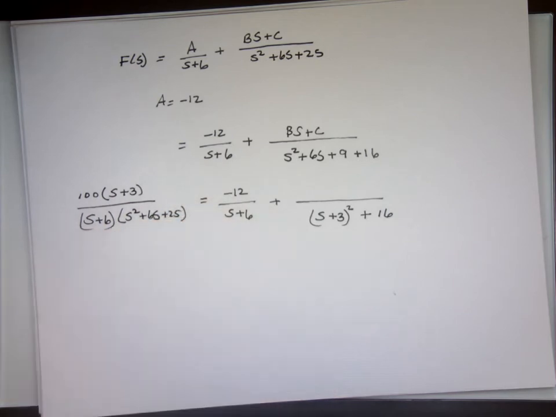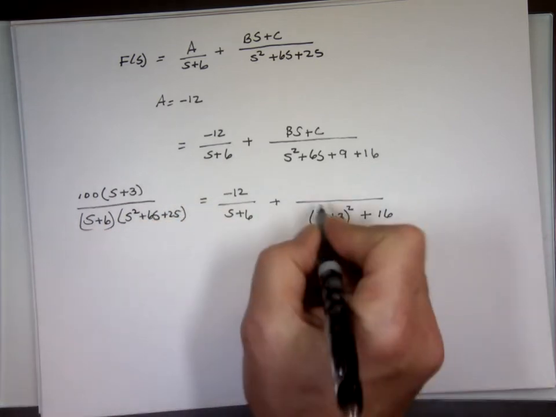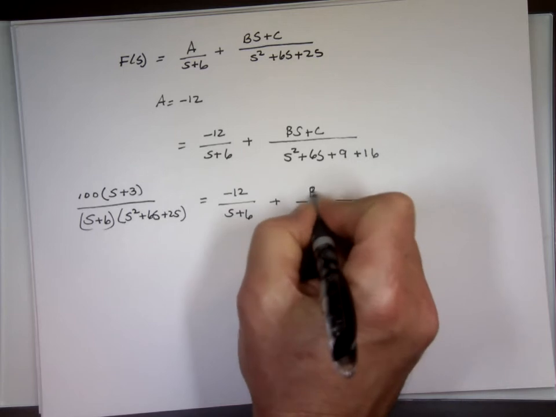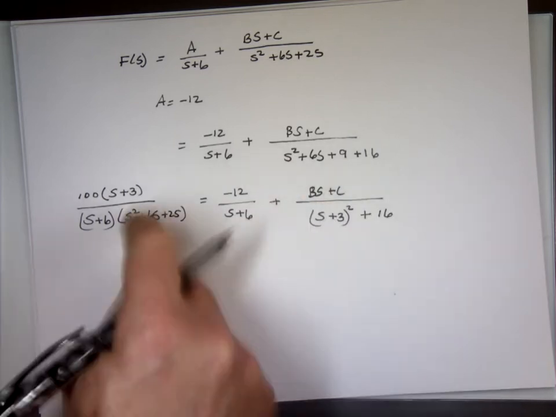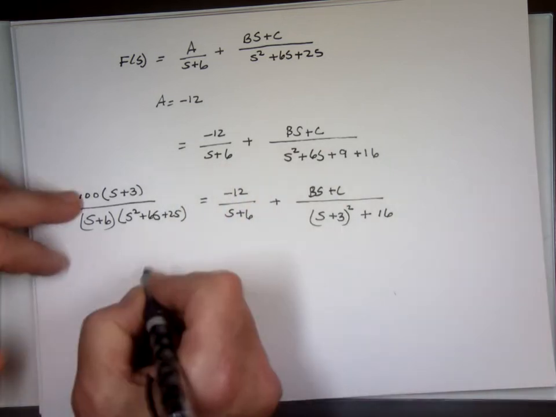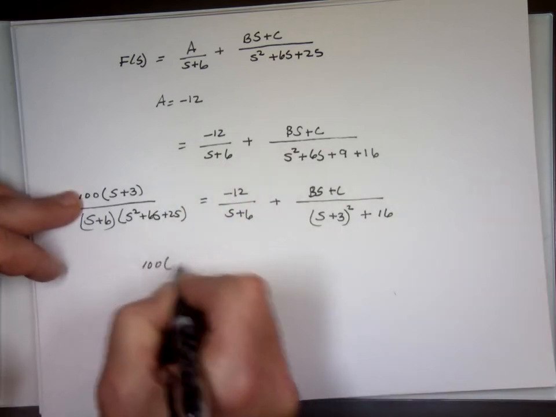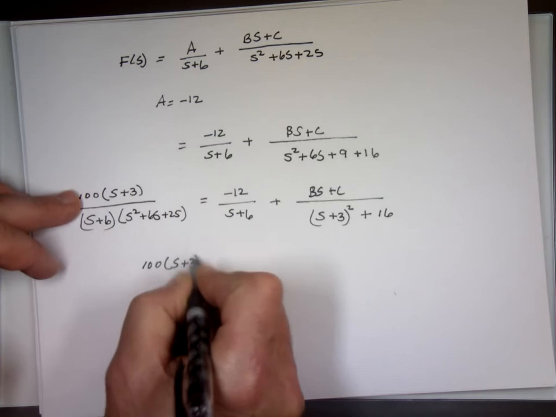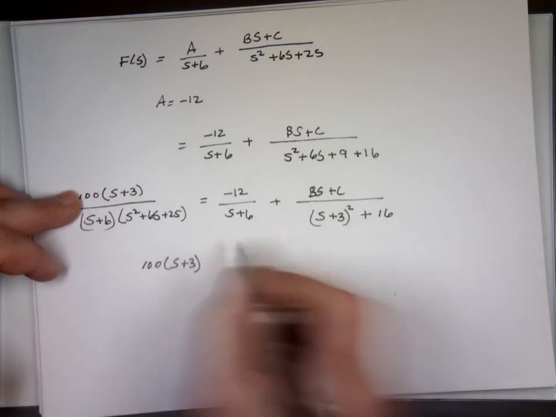So to find B and C, if you cross multiply, you're going to find the LCD, which is this times that. So the 100 times S plus 3, I'll come back to this. I'm not done. I'm not even close to it. But we'll come back to it.